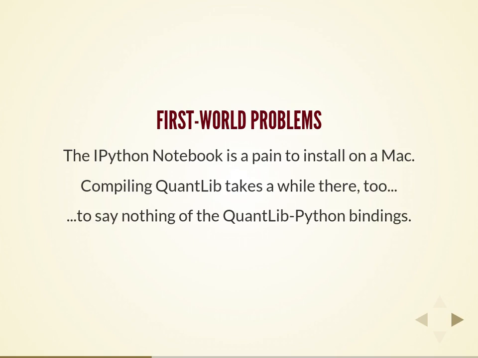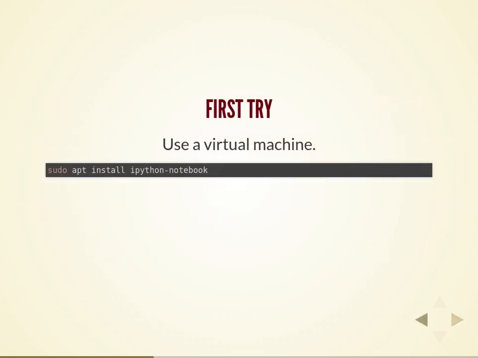So what I did at first try was, okay, this is kind of difficult to install on a Mac. It's not that difficult to install, for instance, on an Ubuntu machine. You just write apt install Python notebook, it gets all the dependencies, and you get it installed and working. I said, I'm going to use a virtual machine.